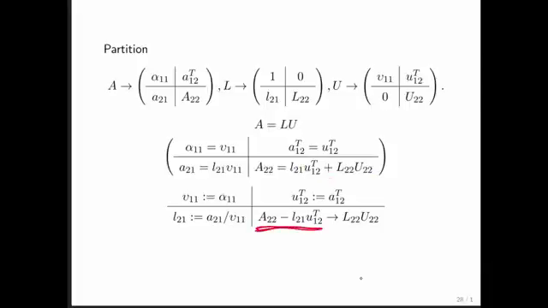What's left is to compute L22 and U22, but L22 is a unit lower triangular matrix and U22 is an upper triangular matrix. So all it says is, once you update A22 by subtracting off L21 U12 transpose, proceed and find the LU factorization of that smaller matrix.